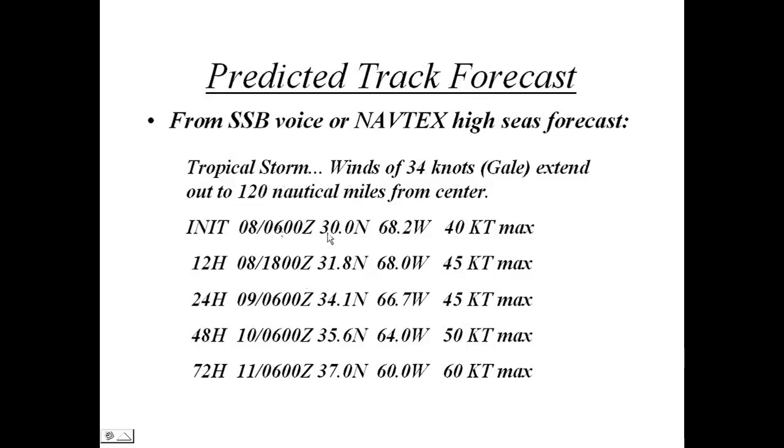Then it says, our initial prediction is that on the 8th, let's say June 8th, at 0600, the storm center will be located at 30.0 north, 68.2 west, and the maximum winds are 40 knots. 12 hours later, at 1800, it's going to be at this location, 45 knots max. 24 hours from the initial forecast, at 0600 on the 9th, it will be here.